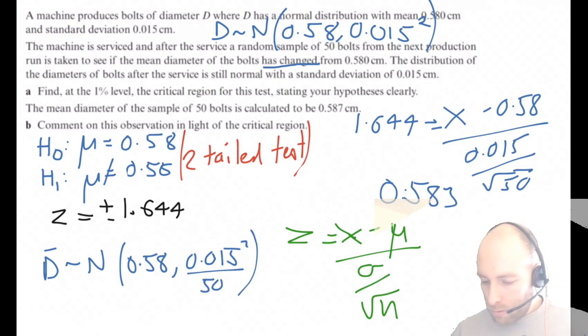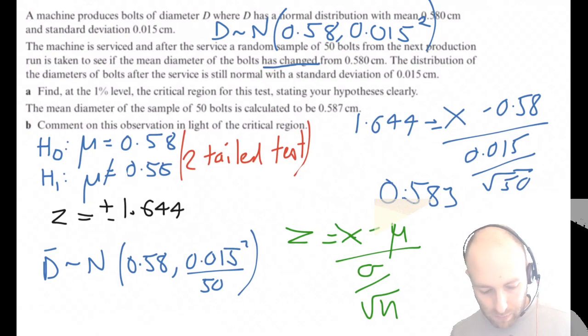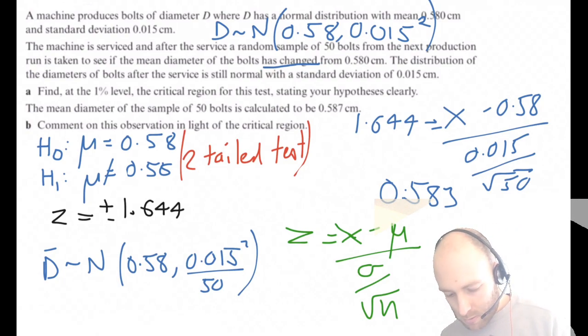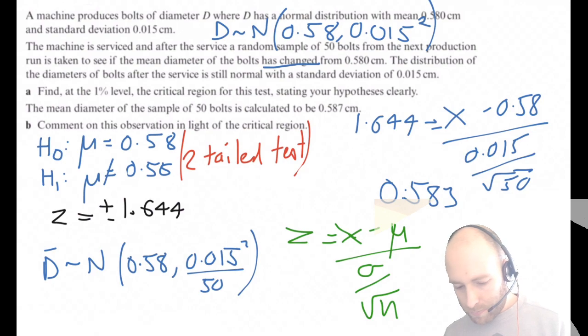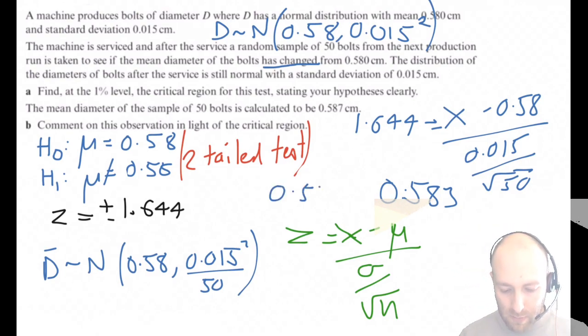And our lower value will be the same thing but with negative z, and then plus 0.58 to it. So 0.577.